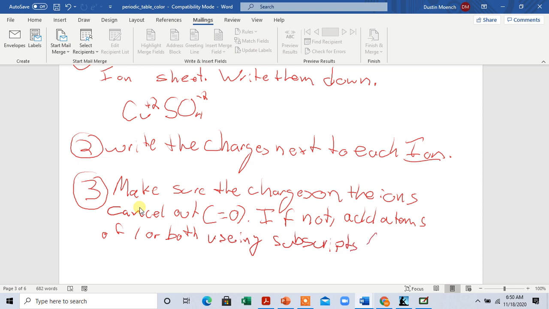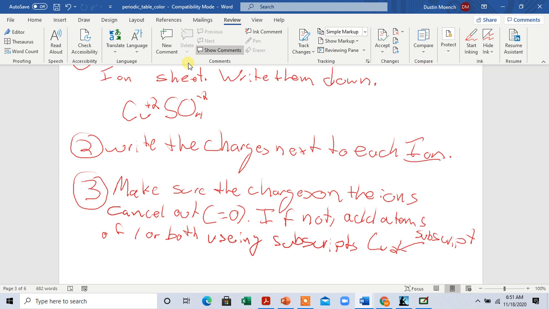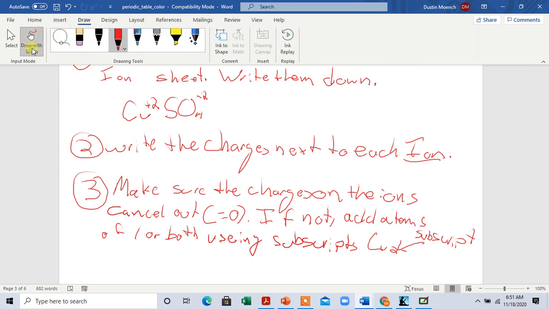And that little number is a subscript. So in this example, I have copper, which is +2, and sulfate, which is -2. This already balances out, so I don't need to add anything at all because they already balance out.